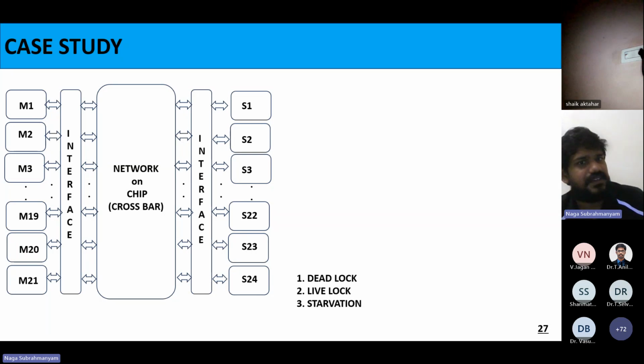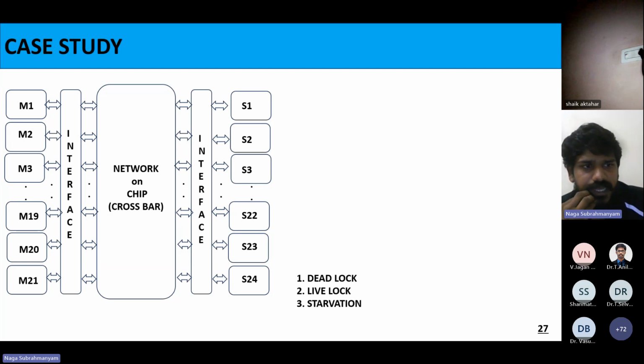If you understand in another particular way, it will be another. M2 wants to put data to S3. M19 wants to put data to S3. Now the NoC has the intelligence to decide which master it should serve first based on the priority.